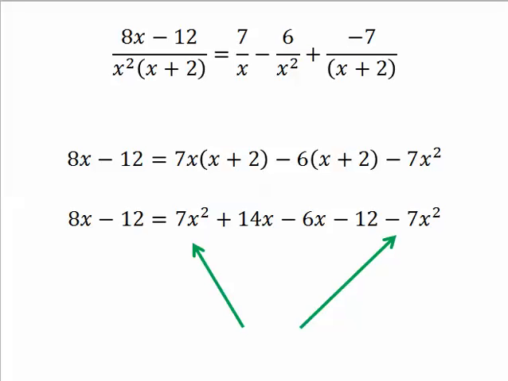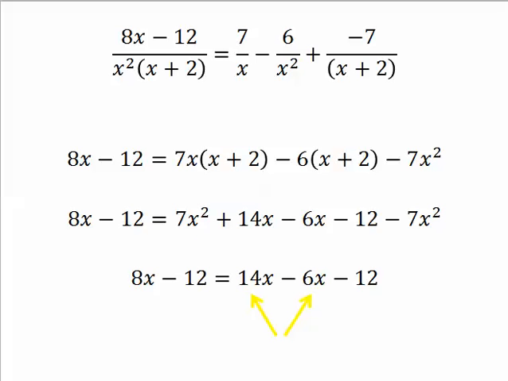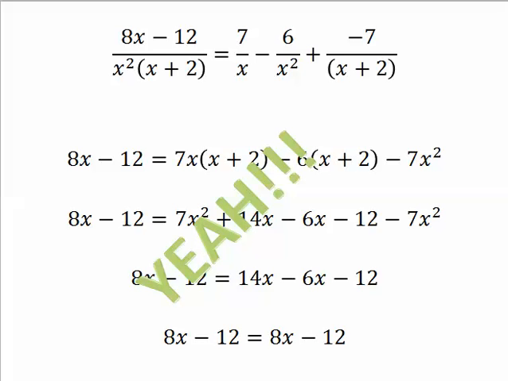Then I multiply both sides by x squared times x plus 2. And then I notice that I have 7x squared and negative 7x squared. Then I combine my 14x and my negative 6x, and I get down to a statement that tells me I did everything right.